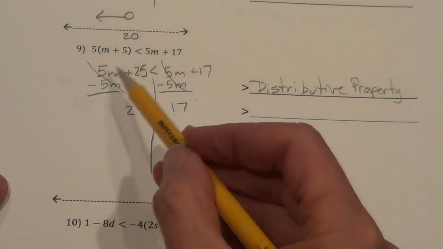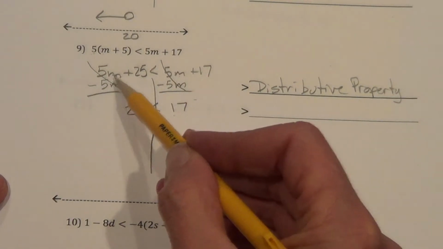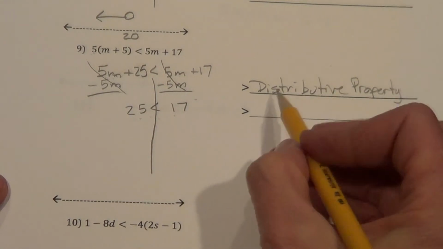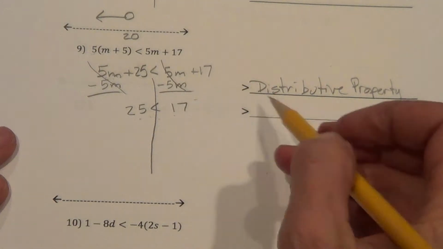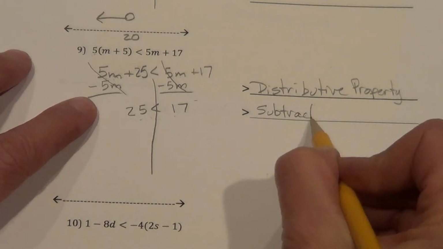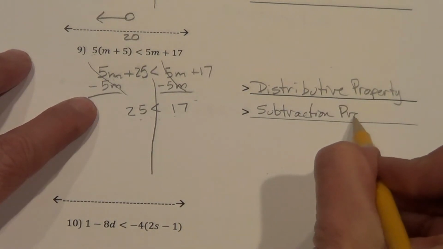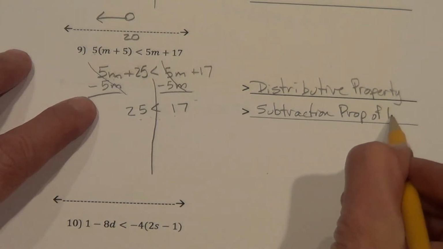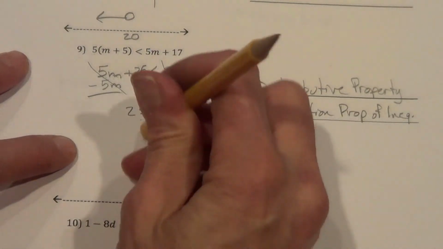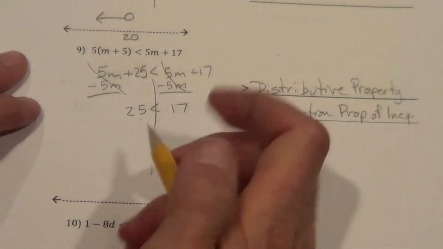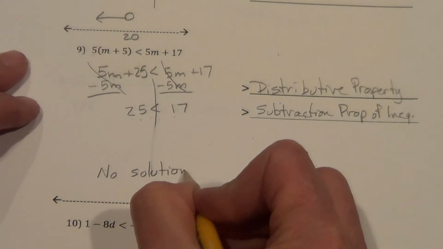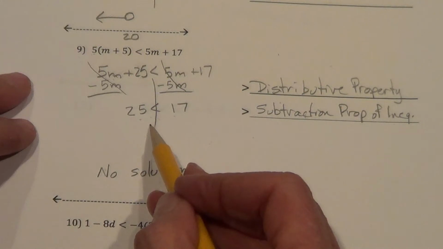So what that means is no matter what number you plugged in there for m, this would never come out true. So our property that we used there was we subtracted 5m from each side. So it's subtraction property of inequality. But then the last thing that we need to make sure and mark is down near the graph, we need to say there's no solution. There is no value that will make that true.